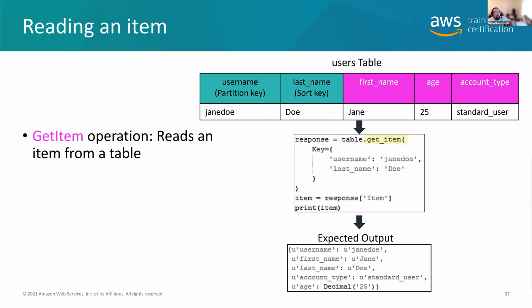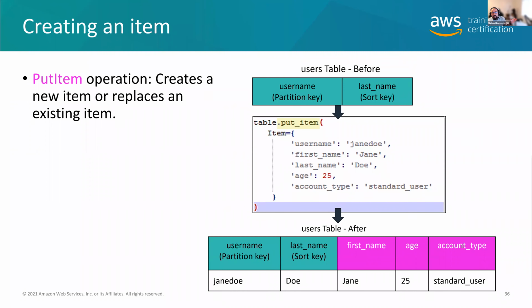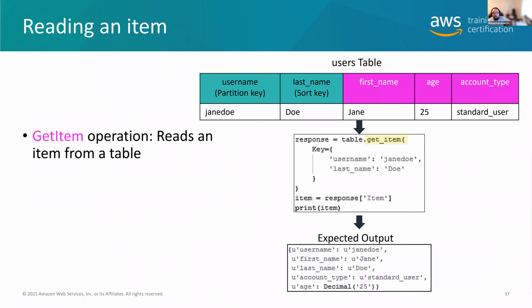Reading an item is the same thing. Since put is a write, technically you can control how you write this out. In other words, you could say I want the standard default, which is eventual consistency, or you could say transactional. Get item has the same thing, where you're basically reading an item.